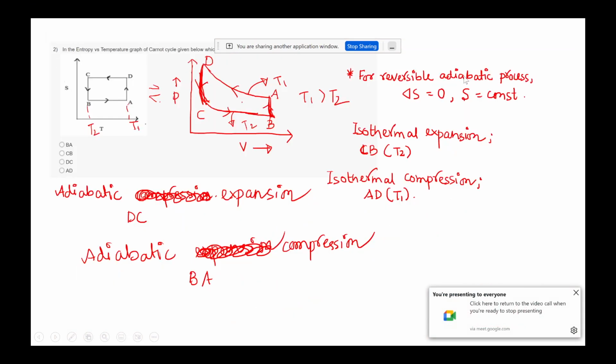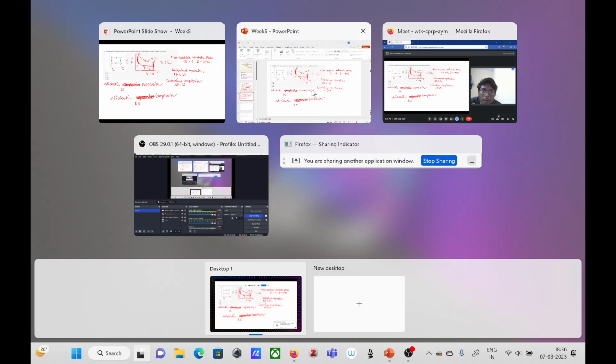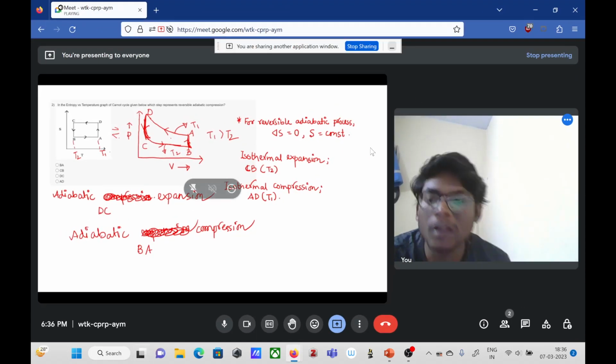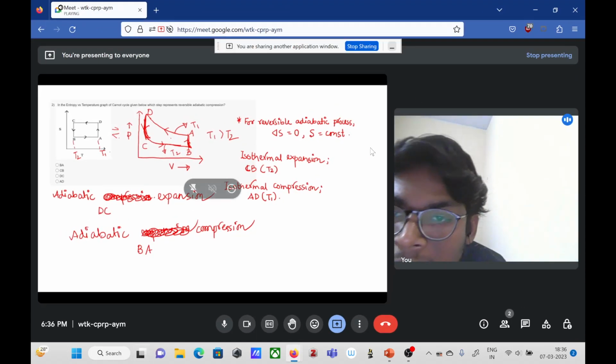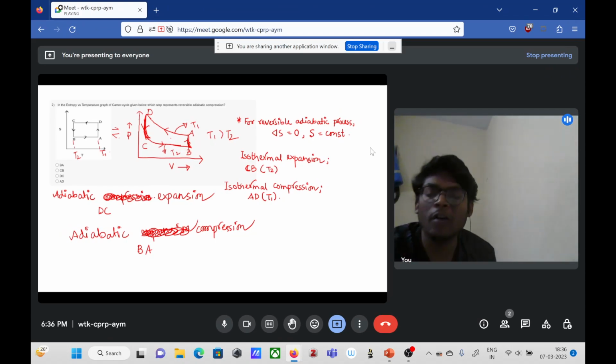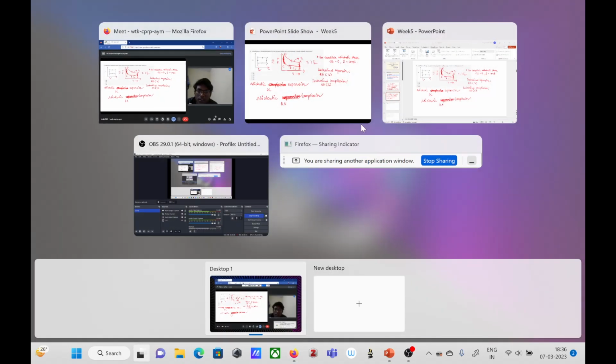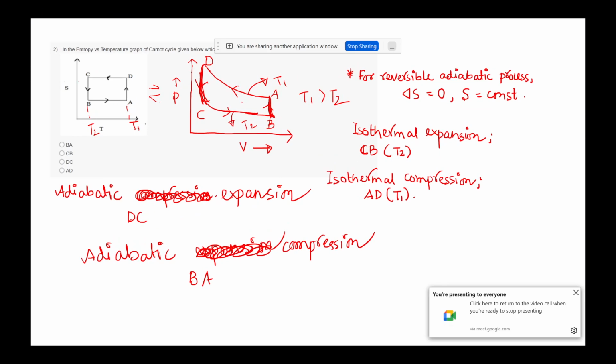Okay, here the question was which is reversible adiabatic compression. So that will be B. Okay, straightforward.